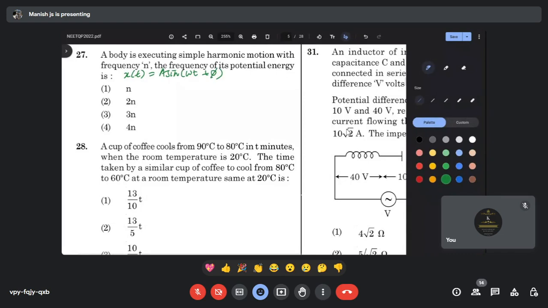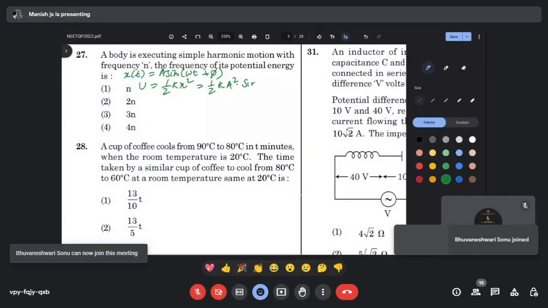Along with that, potential energy has a relationship where U is equal to half k x square. So when we substitute x, you will get half k A square sine square of omega t plus phi. I will write that. This is what you get.